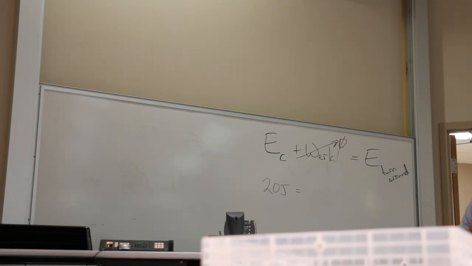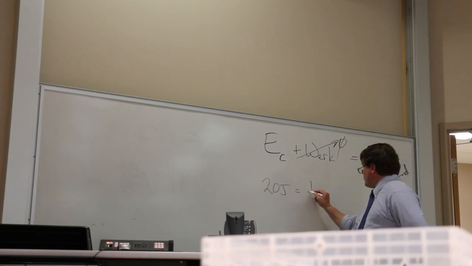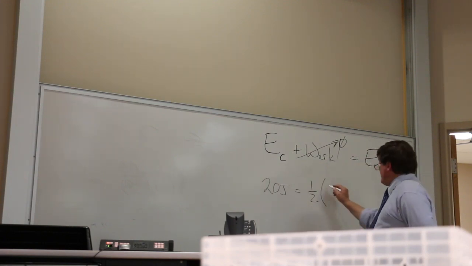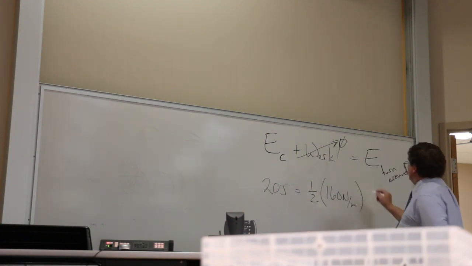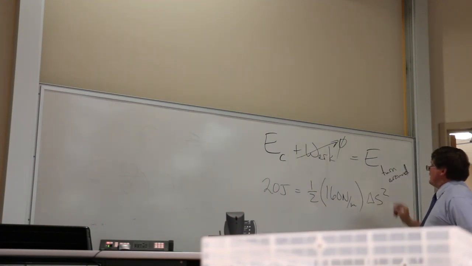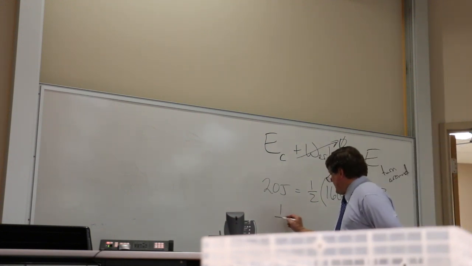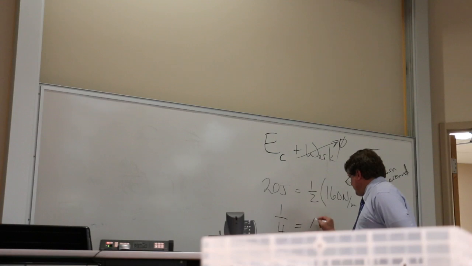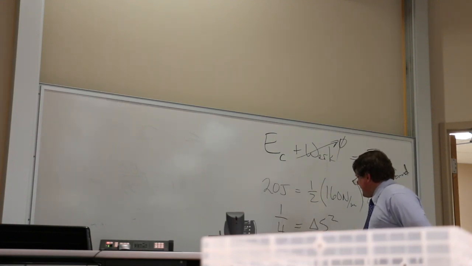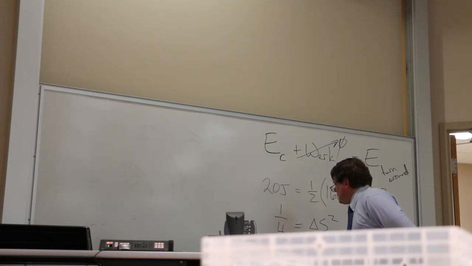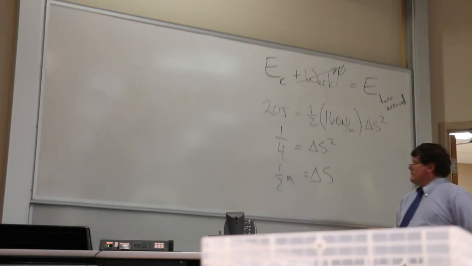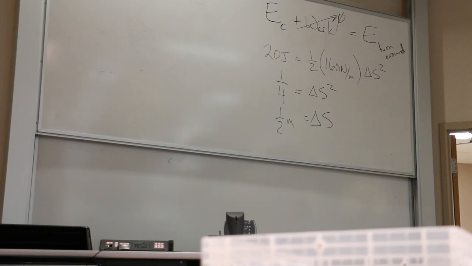It's still on the level floor, and so that's just going to be 1/2 times the spring constant of 160 newtons per meter times the delta S squared. If I solve this for delta S, I get 1/4 is equal to delta S squared, and that gives me a delta S of 1/2 meter. So it compresses the spring by 1/2 meter.